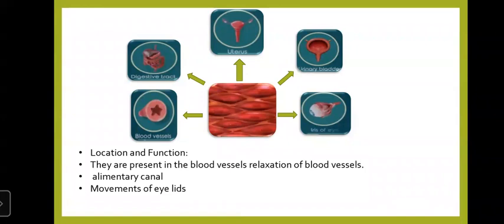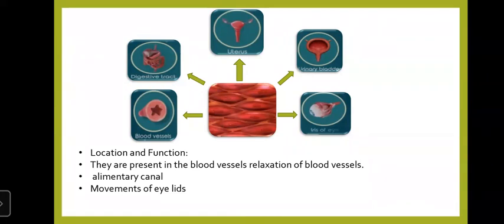The food which is immovable moves in our digestive tract. Similarly, in the uterus, the baby is expelled out or the ova is moving in the uterus. That is all because of movement of the smooth muscles.